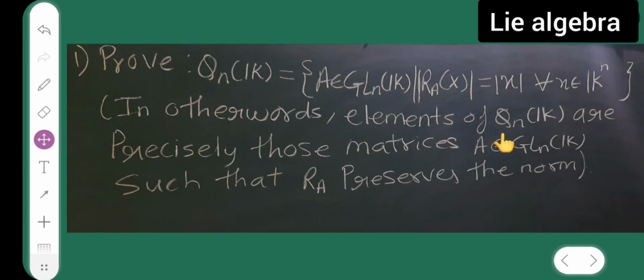In other words, elements of Q_n(K) are precisely those matrices A belonging to J_n(K) such that R_A preserves the norm. So this is what we have to prove. We have to show that R_A preserves the norm. So let us prove.